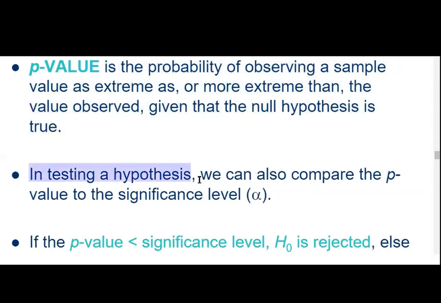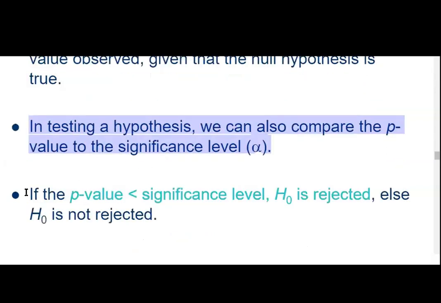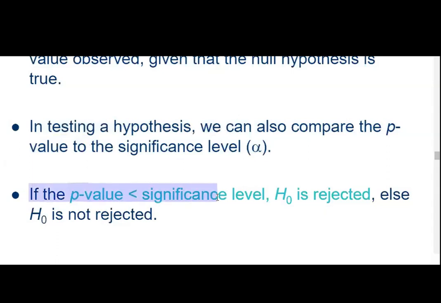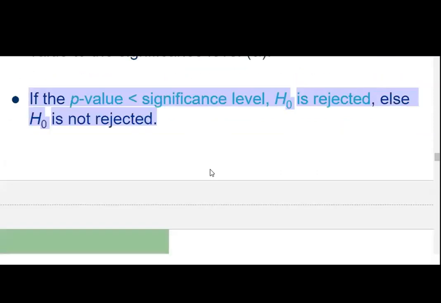So in testing a hypothesis, we can also compare the p-value to the significance level alpha. If the p-value is less than alpha, we can reject H0. If the p-value is more than or equal to 0.05 or 0.01, then you cannot reject H0.